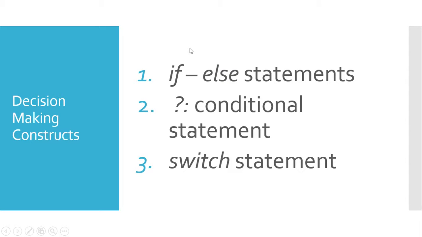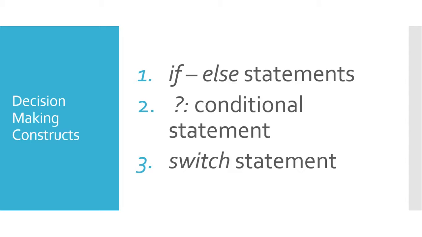All right, so we're going to talk about 6 different kinds of iteration. First, we're going to talk about 3 different decision-making constructs, and then we're going to talk about looping. So we're going to have 3 more of those. First, the decision-making construct.